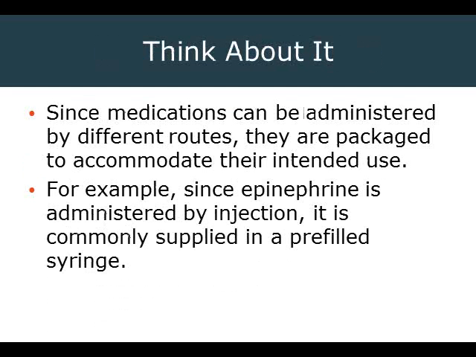All right, so since medications can be administered by different routes, they're packaged for their intended use. For example, since epinephrine is administered by injection, it is most commonly supplied in either a pre-filled syringe or an ampule.